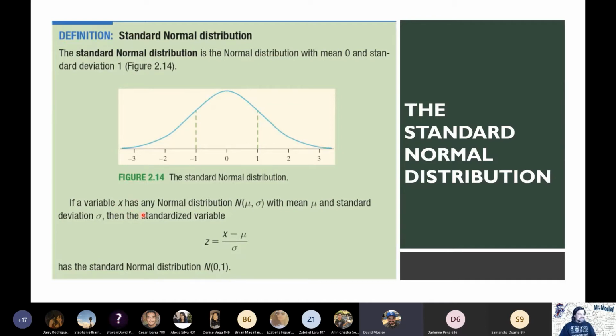If a variable x has any normal distribution N(mu, sigma) with mean mu and standard deviation sigma, then the standardized variable z equals x minus mu divided by sigma has the standard normal distribution N(0, 1). The picture up here is essentially a sketch of the normal distribution N(0, 1). The center of this distribution is at 0, the mean is at 0, and the standard deviation is 1.